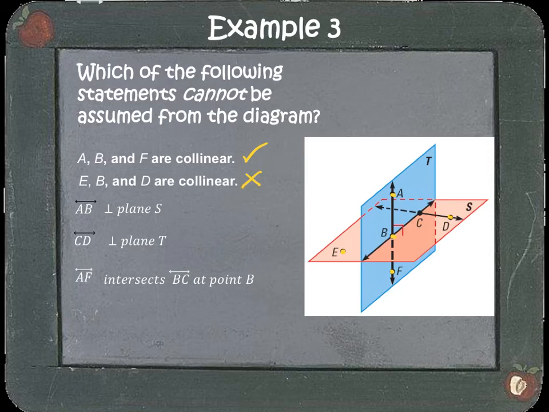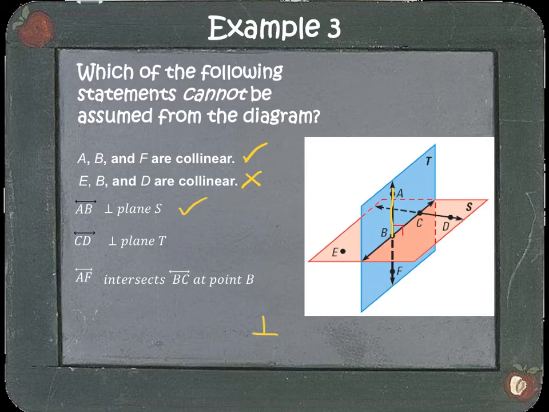And then AB, notice the upside down T, that's the symbol for perpendicular. Let me erase some of these yellows. So AB, let's find AB here. AB is this line. And it says that it's perpendicular to plane S. And we can conclude that because it's got that little right angle mark in red.